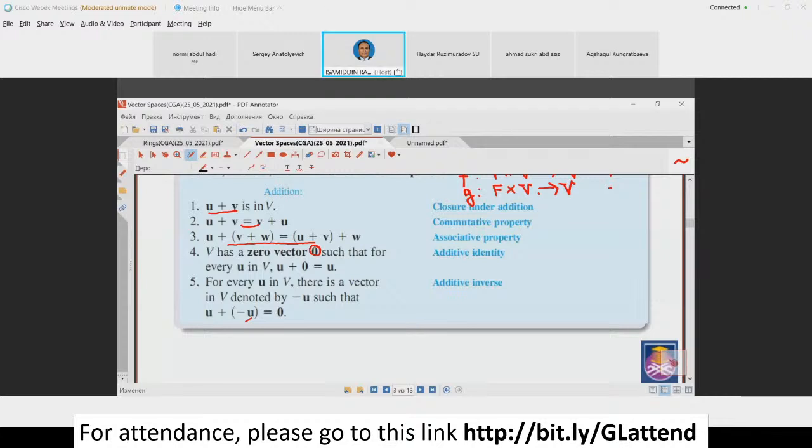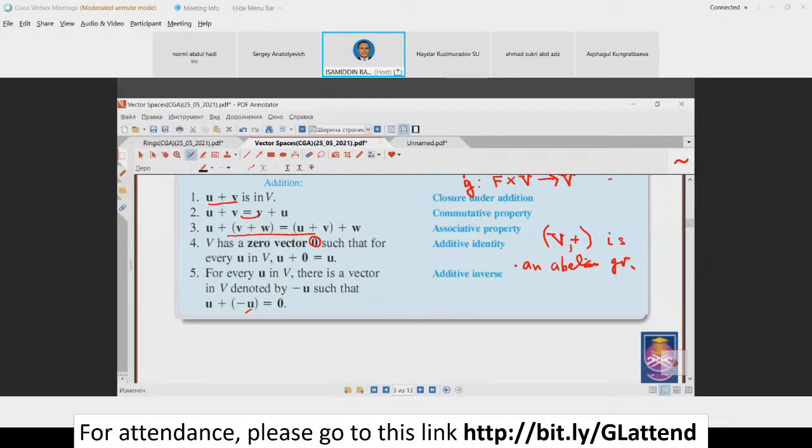These 5 axioms say your V with respect to addition must be an abelian group. This is the first part of the axioms. Another part.